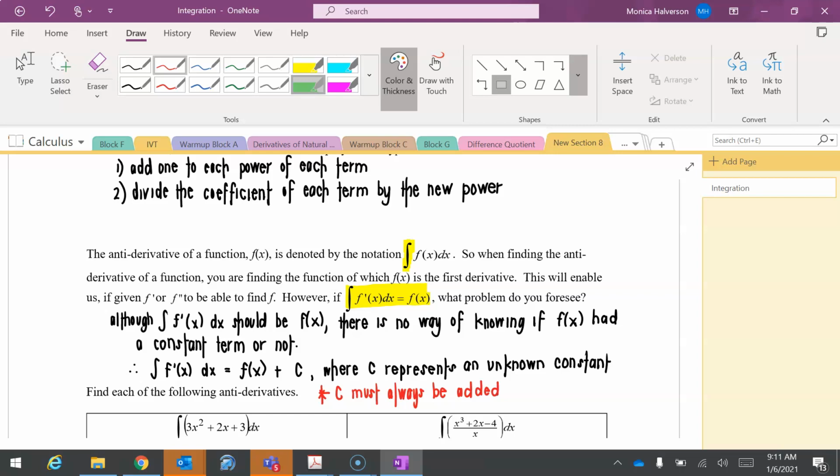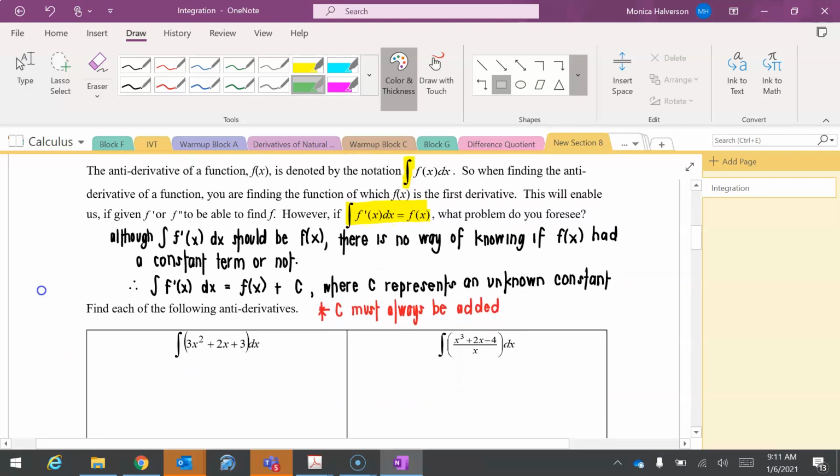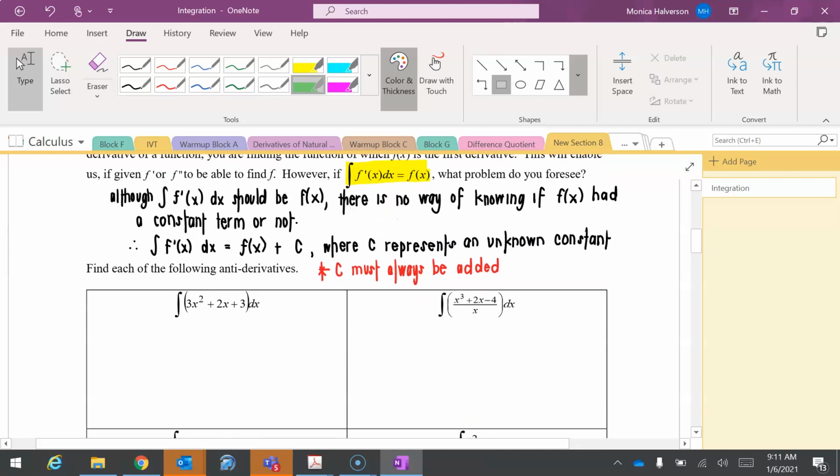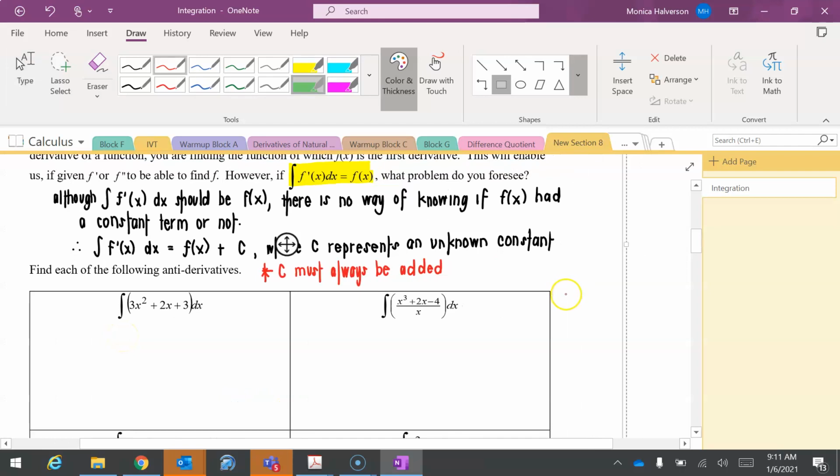All right, so let's look at some examples of doing this method, where we add 1 to each power of each term, and then we divide the coefficient of each term by the new power. So if we look at this first polynomial, the first question you're always going to ask when doing these, step 1, is it a polynomial? Now here, when we look at this first example, it sure is. It is absolutely just a polynomial.